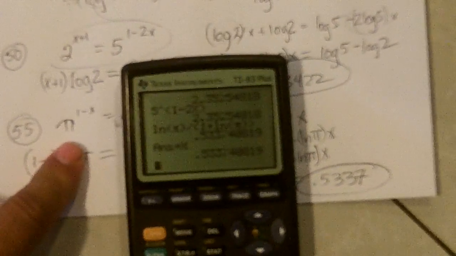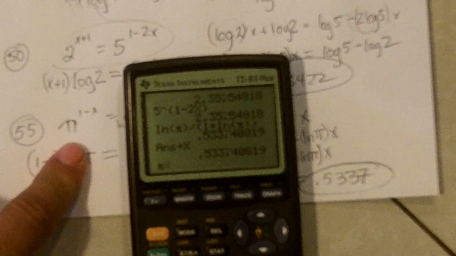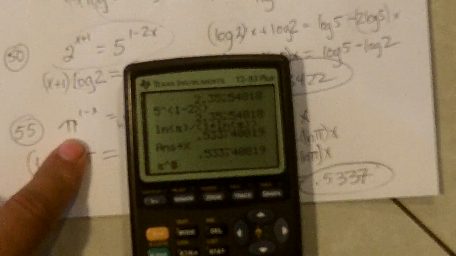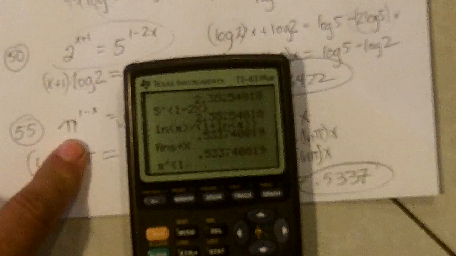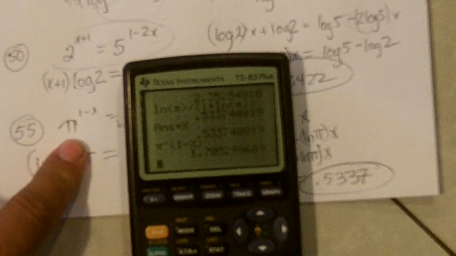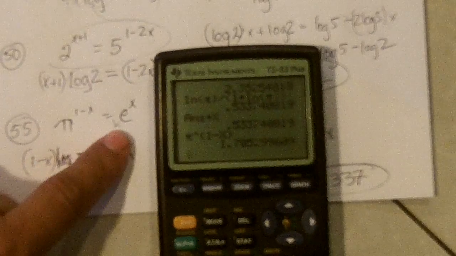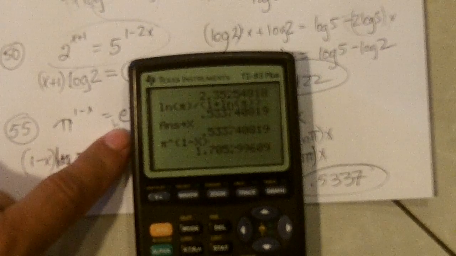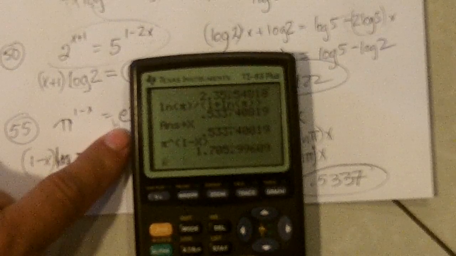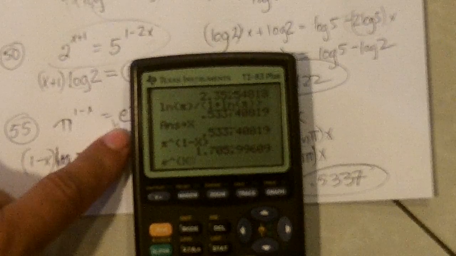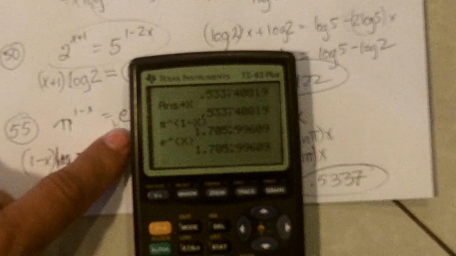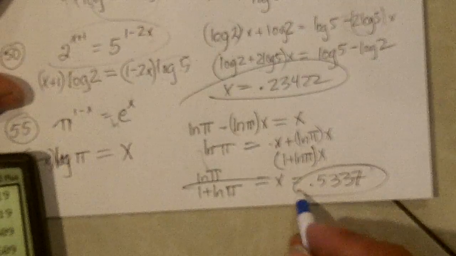Take pi to the 1 minus x, close parenthesis, and I get 1.705. Now I'll take e to this same number, e to the x, and I get exactly the same thing, so this works.